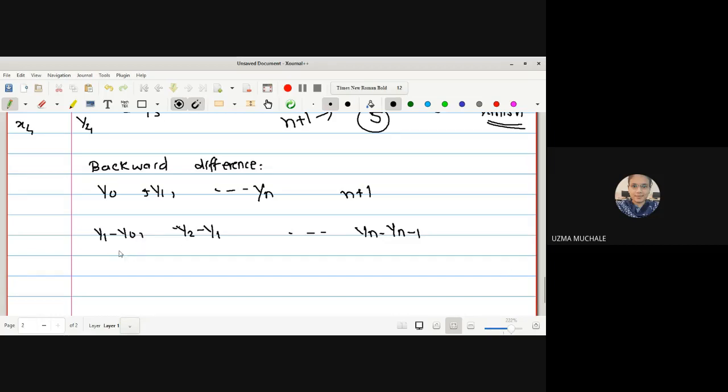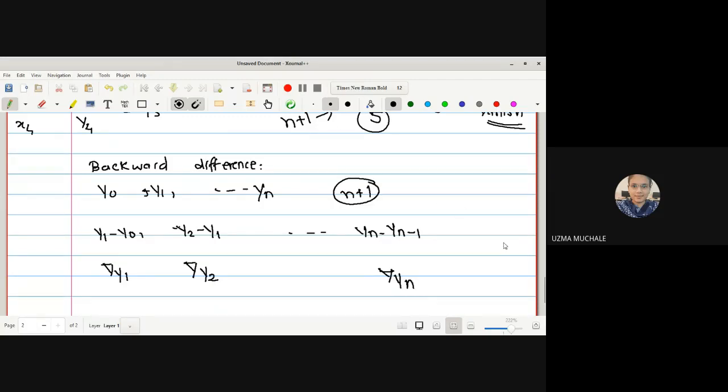In this case, we are going to denote this as del by 1. That's why it is called backward difference. For y1, we are using the previous value, that is y0. So backward difference operator, y2 and so on.